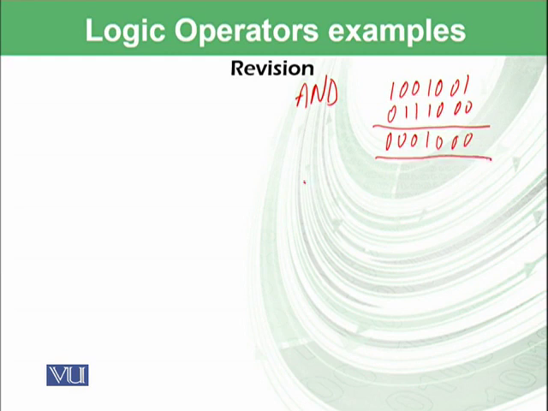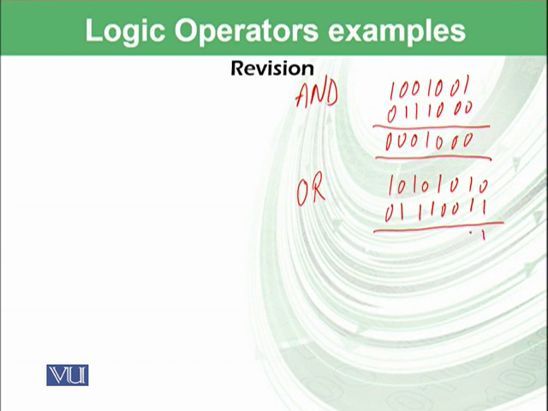And similarly, you might recall that the OR operation, if we have a similar bit pattern, will give you 1 when any of the inputs is 1 or both of the inputs are 1. But it will give 0 when both of the inputs are 0.